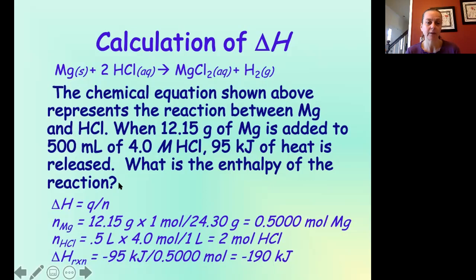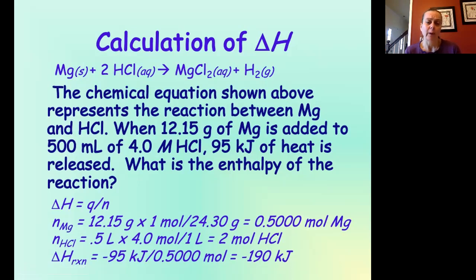Always make sure that you write this, and you can see that I have the mistake here, 190 kilojoules per mole of reaction. So make sure that you're using the reactant that there is only 1 mole of in your balanced chemical equation. We wouldn't want to divide this by the moles of hydrochloric acid. We want to divide it by the one that has a coefficient of 1.